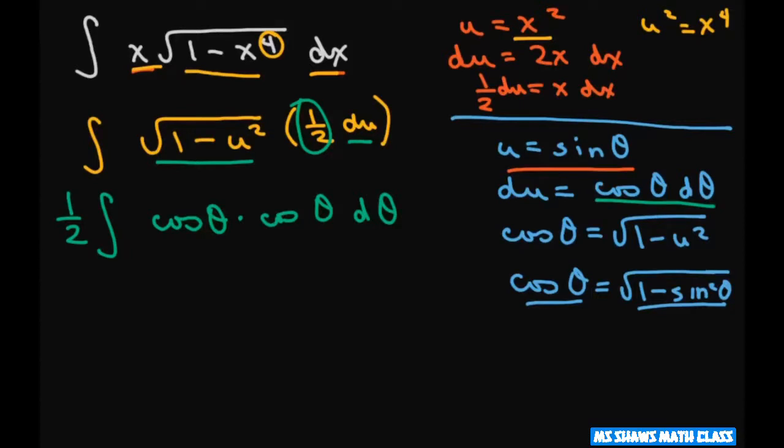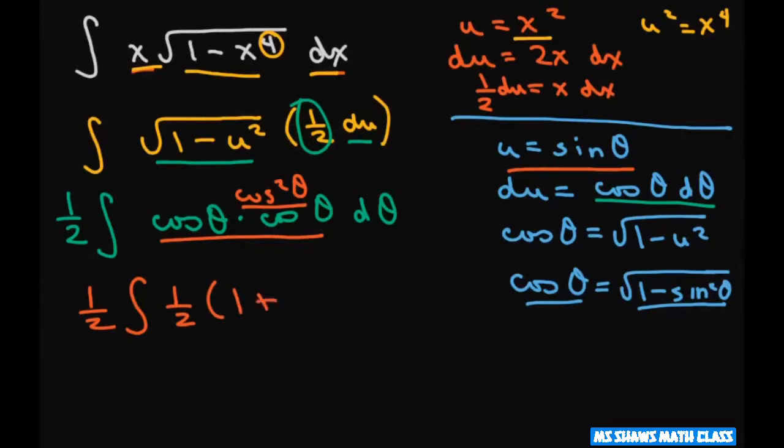Now, since I have cosine squared of theta, anytime you have that, you want to use your half angles because they're easier to integrate. So I'm going to rewrite that as 1/2 integral of 1/2 times 1 plus cosine 2 theta d theta. That's your half angle identity for cosine squared.